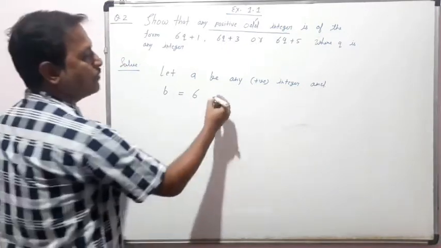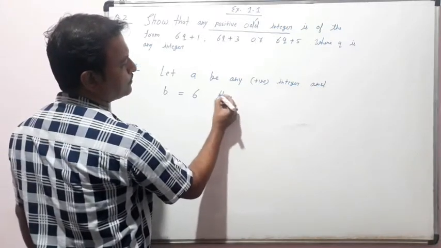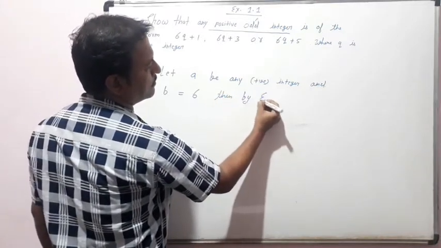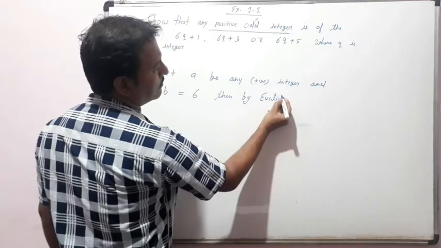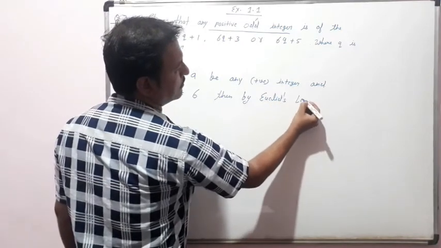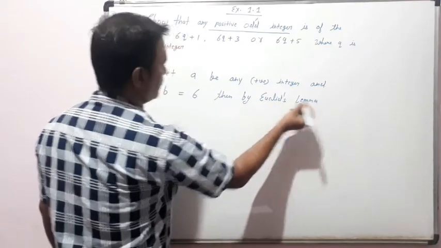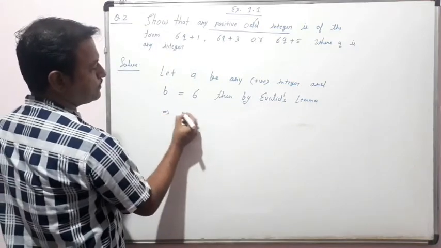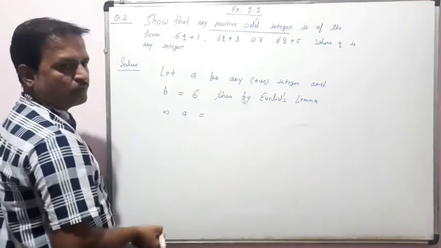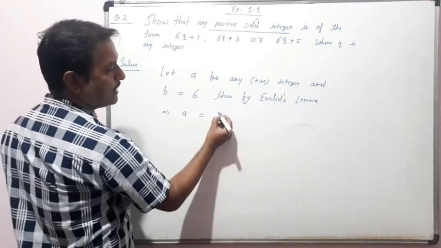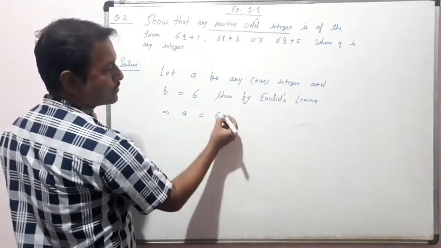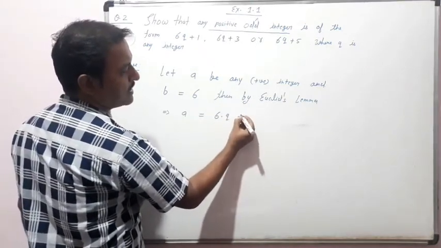Clear? Then by Euclid's lemma, the formula is a is equal to bq plus r. In place of b you have to write 6. So a equals 6 into q plus r.